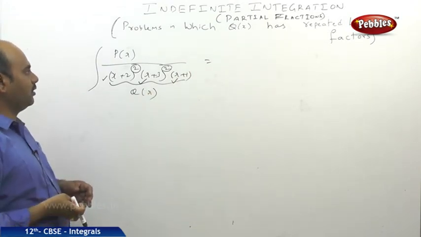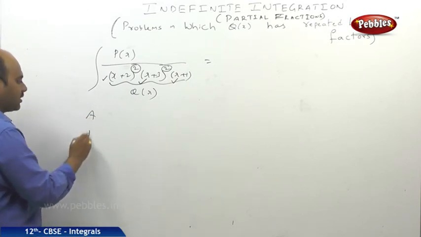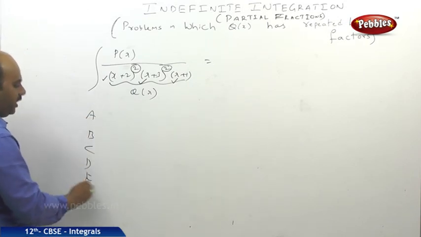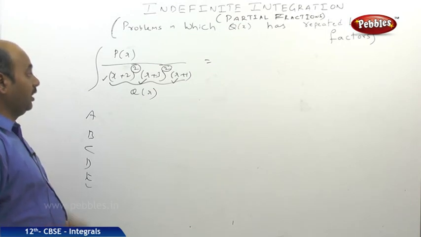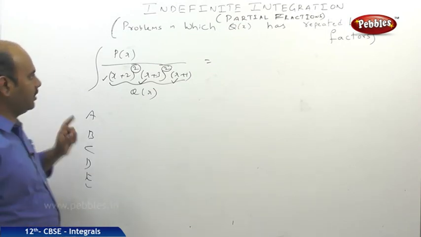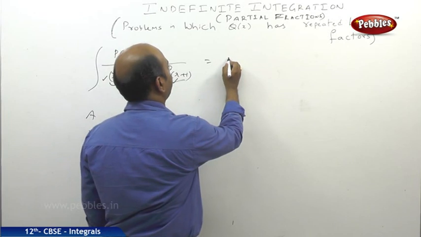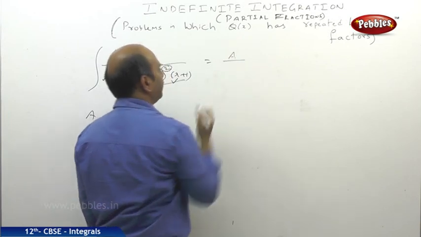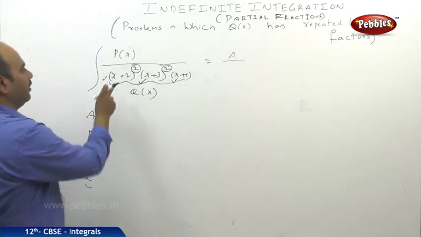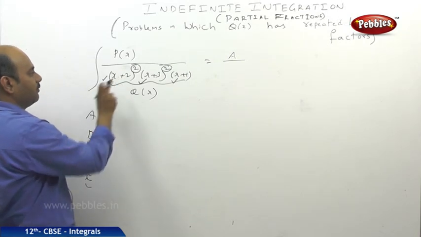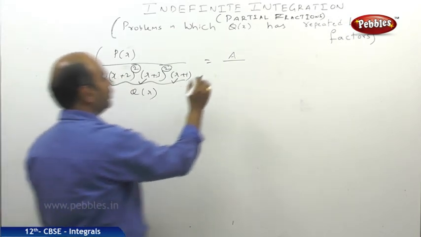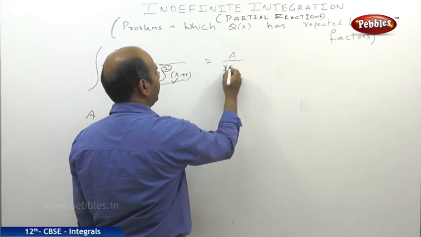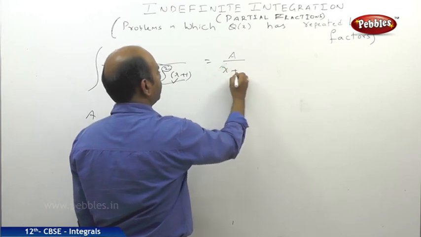After choosing the 5 constants, name those constants as A, B, C, D, E, and write the partial fractions. For writing the partial fractions, we need to observe carefully. So I am taking the first constant A, and the first factor is x plus 2. So here we need to write A upon x plus 2.